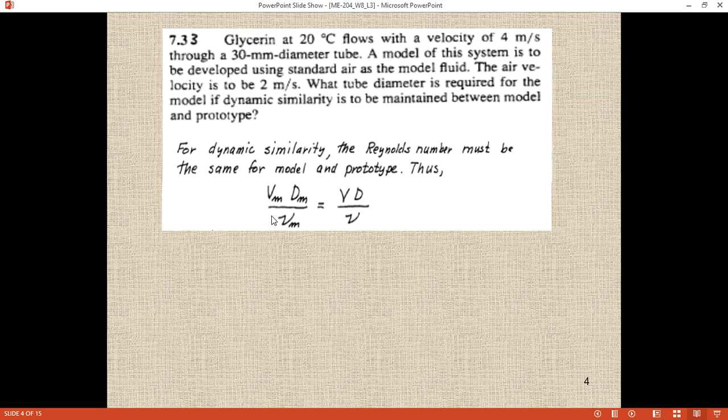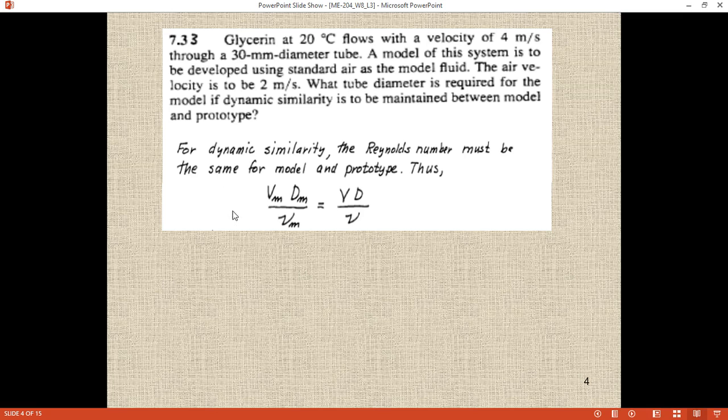So we replace the density and the dynamic viscosity with one term, the kinematic viscosity. If you go to the table, you can find the kinematic viscosity for glycerine at 20 degrees centigrade, and also the viscosity of the air.